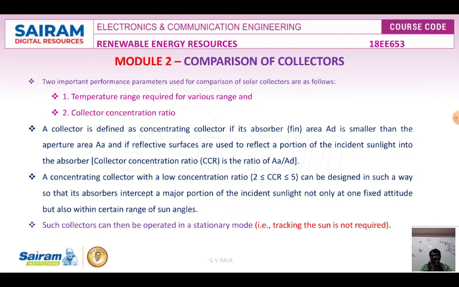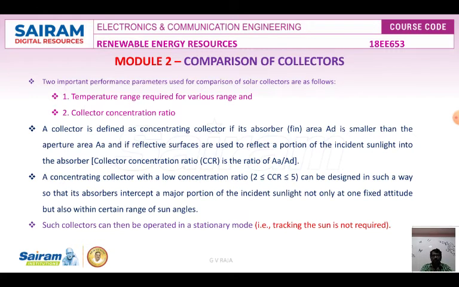Then reflective surfaces are used to reflect a portion of the incident sunlight onto the absorber. We call this the collector concentration ratio. The collector concentration ratio is the ratio of the aperture area to the absorber area, and we call it CCR.